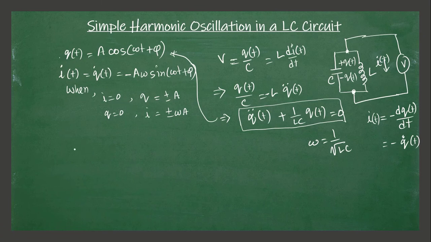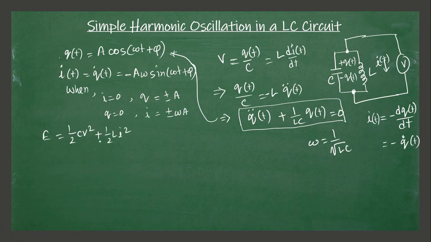Okay, so now let us find the total energy of this LC circuit. Well, the total energy will be the sum of the energy of the capacitor plus the inductor, right? So the energy of the capacitor is half CV squared, and for the inductor it is half Li squared.